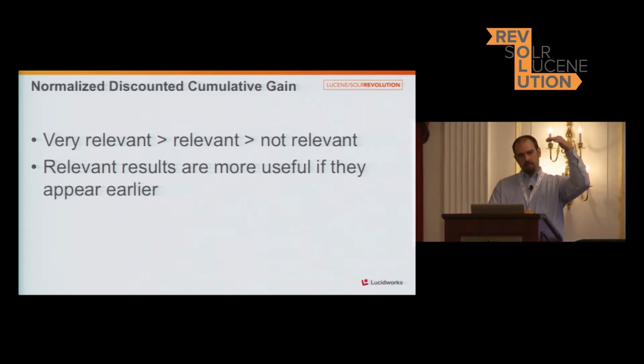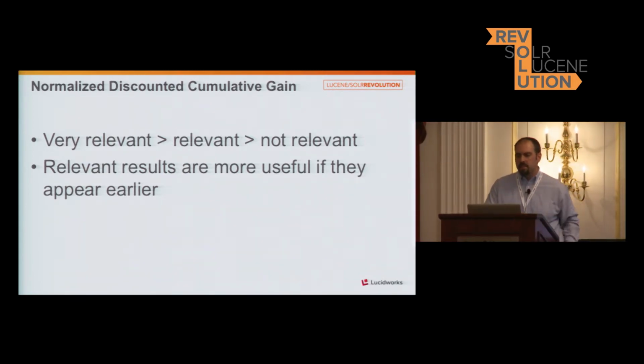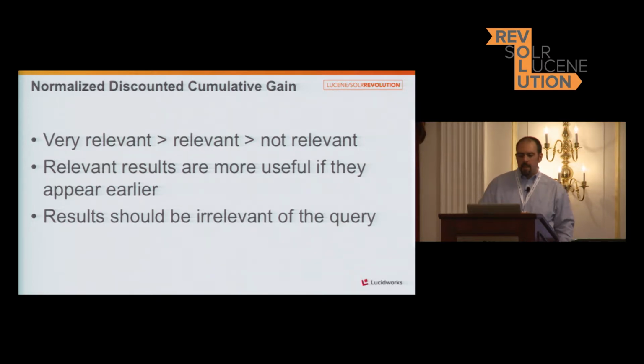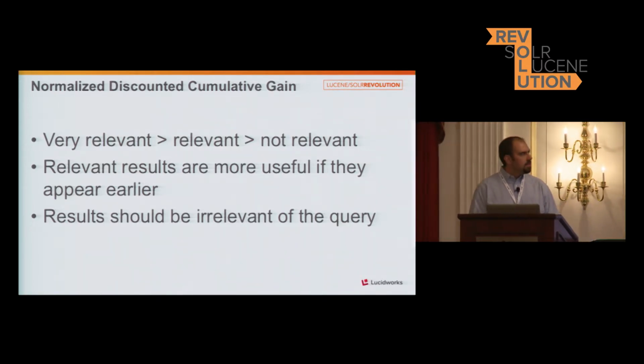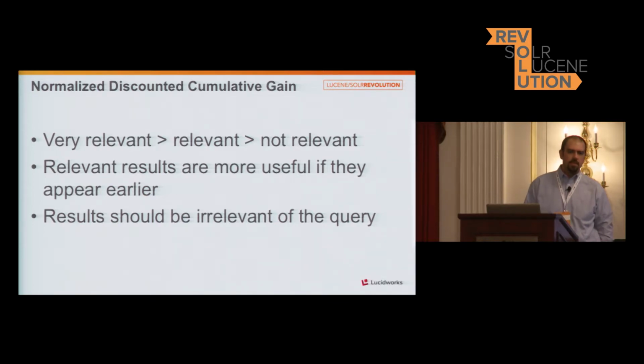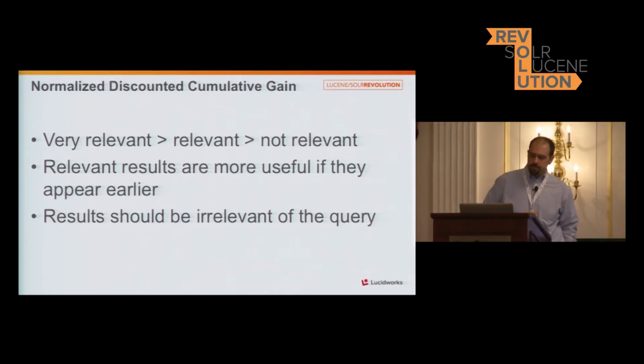So the first result is better than the 10th, even if it's on the same page. And the results themselves should be irrelevant of the query or the scoring of the results. So if you have two different queries like cheese versus 1969 red Corvette convertible, one of those is going to be more difficult to search for. So normalization helps mitigate that.